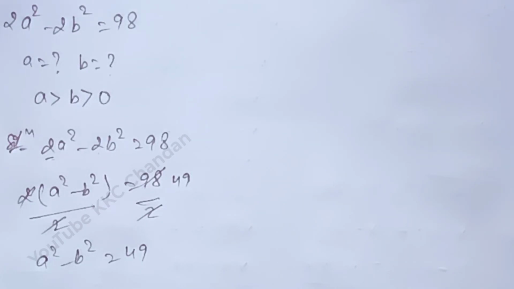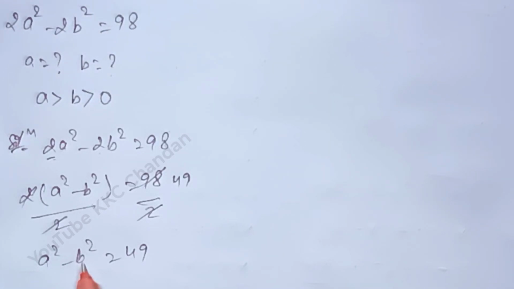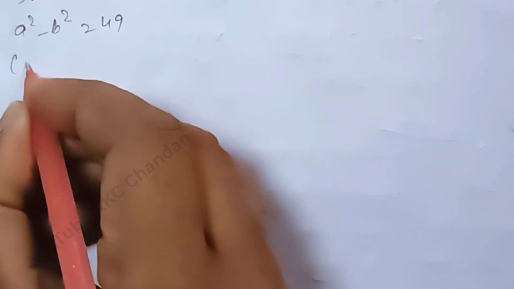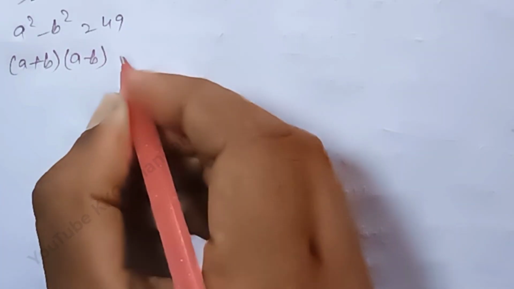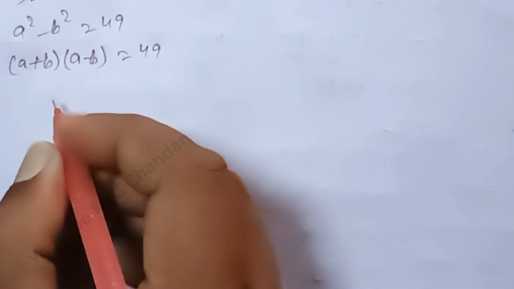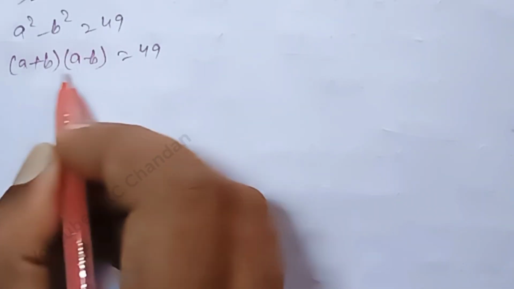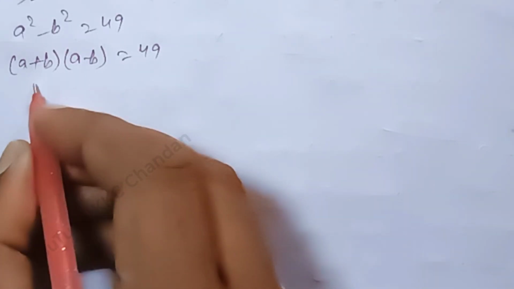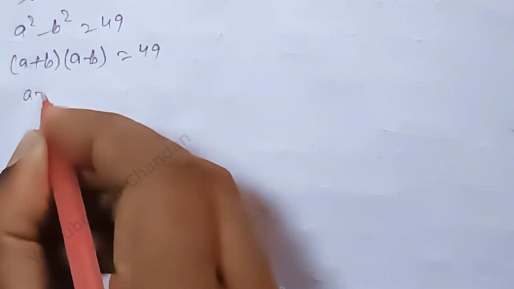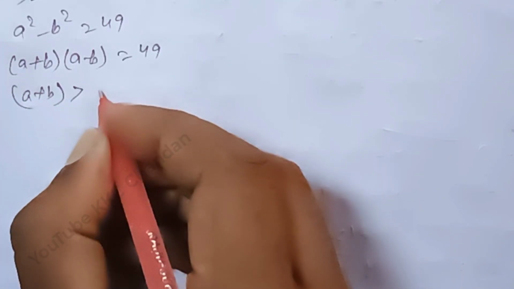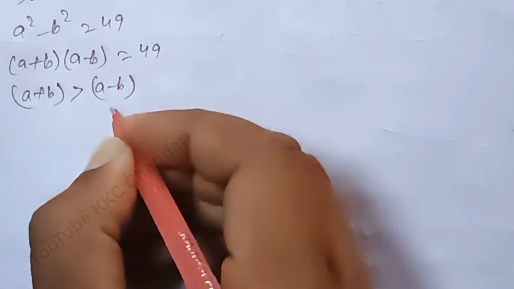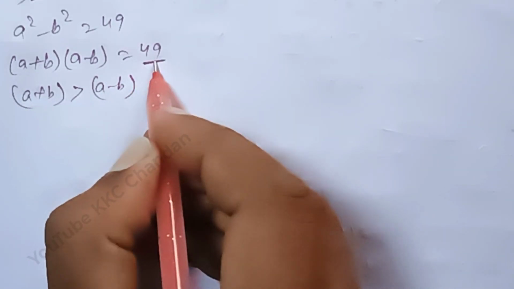After that, the a square minus b square formula is that (a plus b) into (a minus b) is equal to 49. Here, according to the question, a plus b is greater than a minus b. So how many factors of 49?